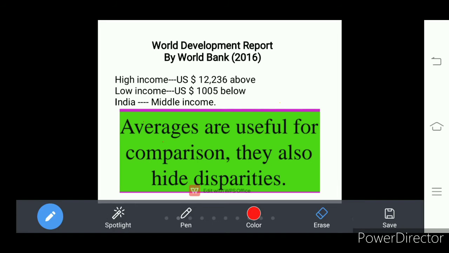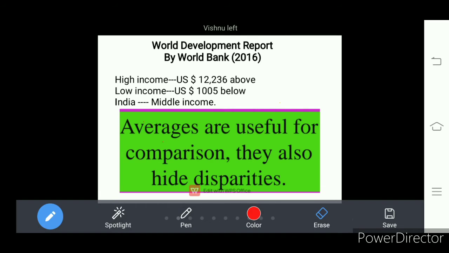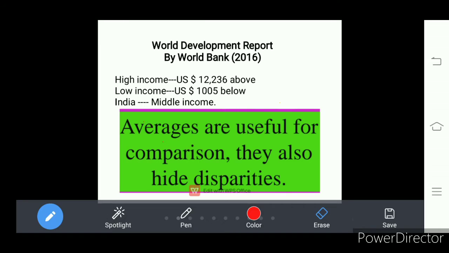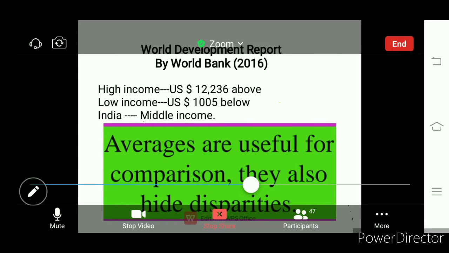According to this World Development Report, all the countries in the world are classified into three types. One is high income group countries, the second classification is low income group countries, and the third is middle income group countries. Understand? So this is the classification.